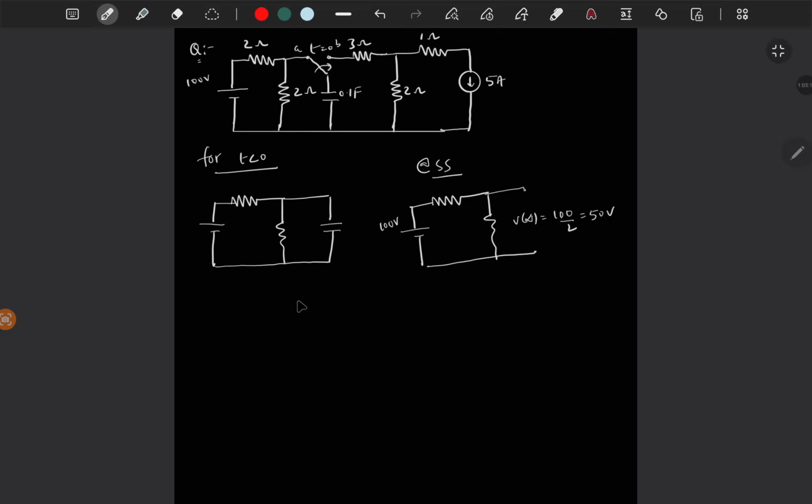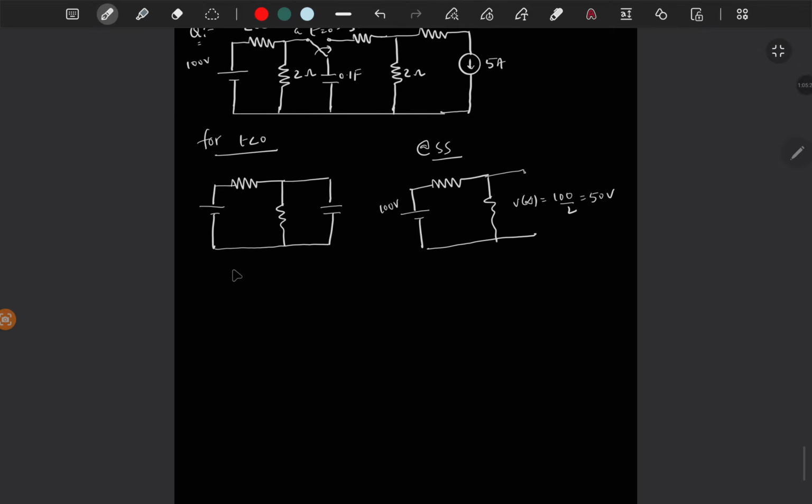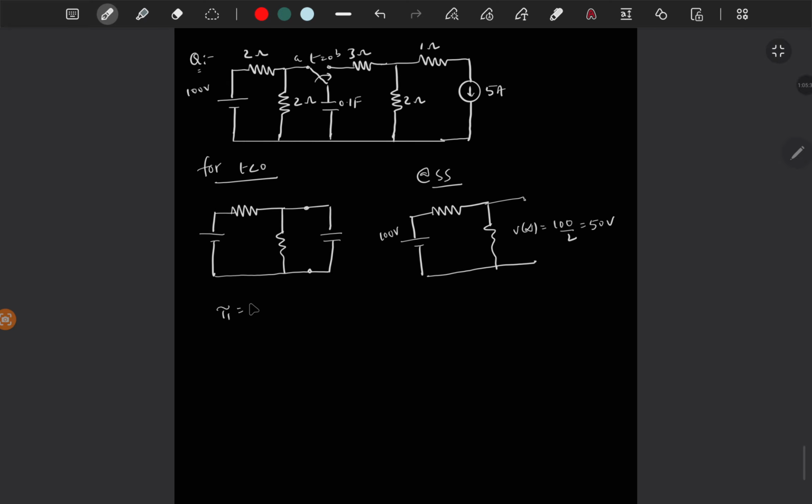So that is at t less than 0, and tau 1 is R equivalent. R equivalent is, short circuit this one, then these two resistors are in parallel. If you look from these two terminals, you will get 1 ohm. So 1 into 0.1, which is 0.1 seconds. So that is tau 1.